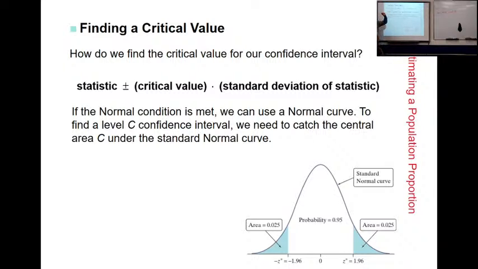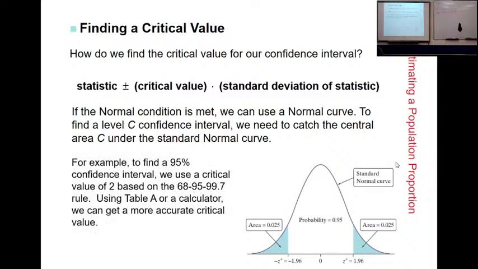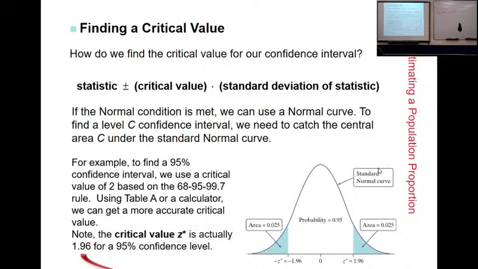So if you're wanting to get what the z-score is going to be, that critical value, then you need to take the 97.5th percentile. And that's going to end up being 1.96.